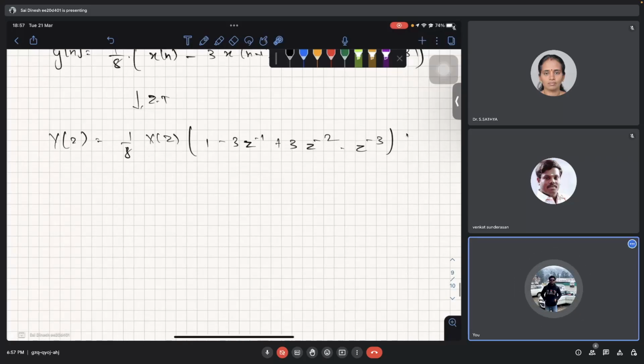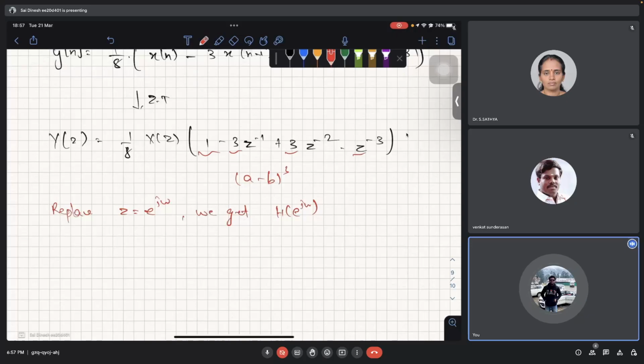So this is actually of the form a minus b whole cube. So if you see this form of a minus b whole cube, you get y of z. And then replace z equal to e power j omega, we get h e power j omega for the 9th question, right?